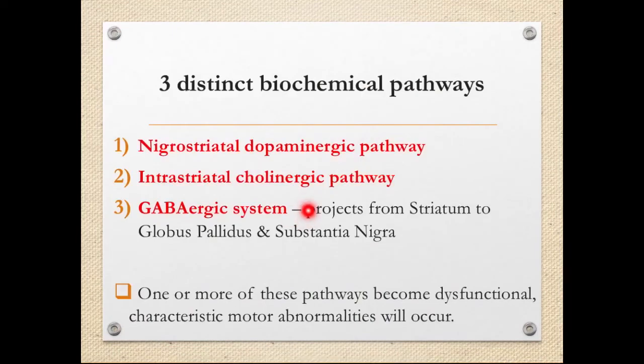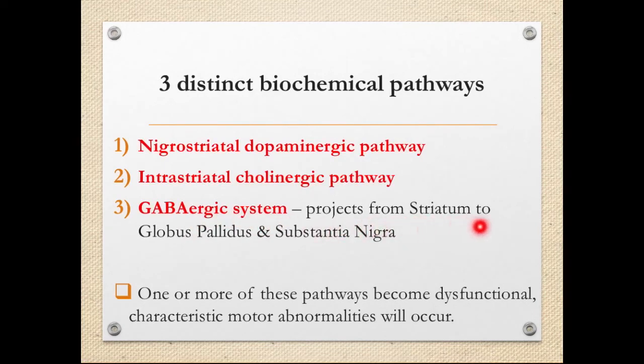Yeah, three distinct biochemical pathways. One is the nigrostriatal pathway, that is dopaminergic. From the substantia nigra pars compacta it goes to the striatum. The second one is the intrastriatal cholinergic pathway, that's what I said just now. These acetylcholine neurons communicate within the striatum itself. And the third one is the GABAergic system.